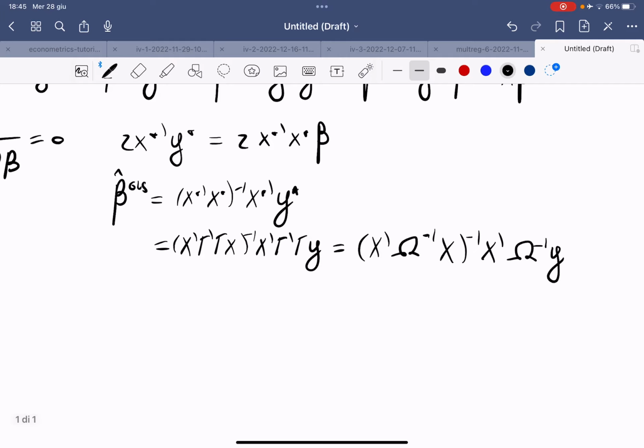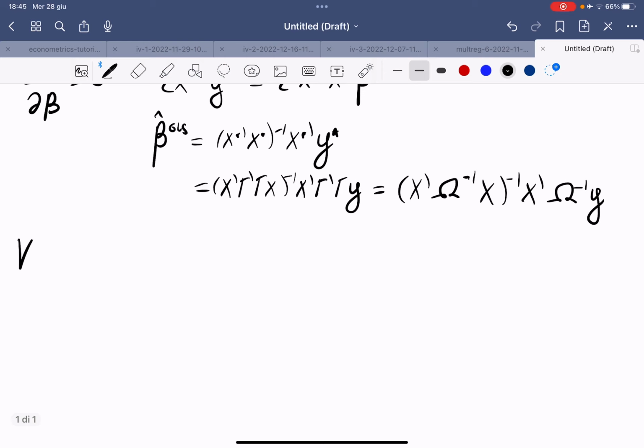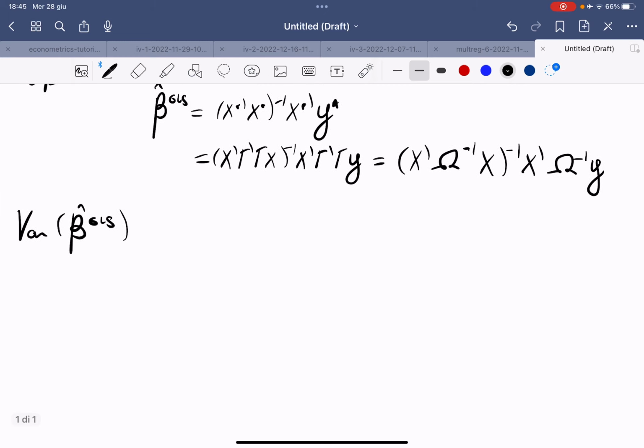Now we estimate the variance of beta GLS, which will be equal to the variance of, we have to develop our parameter, so this will be equal to beta plus x transposed omega inverse x, all inverse, times x transposed omega inverse times e.